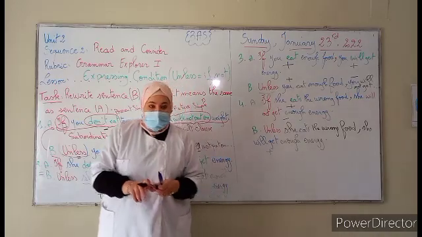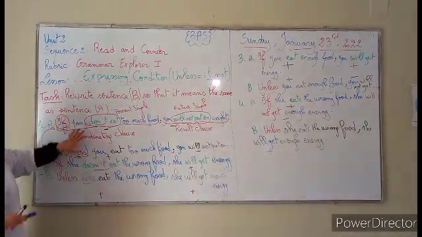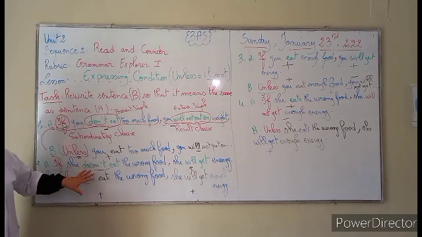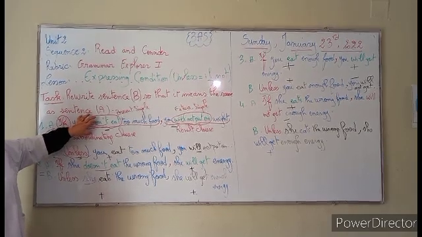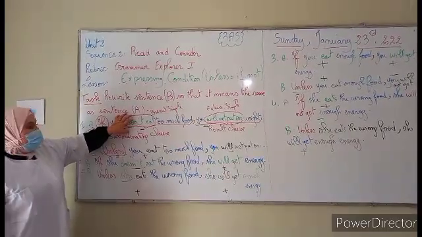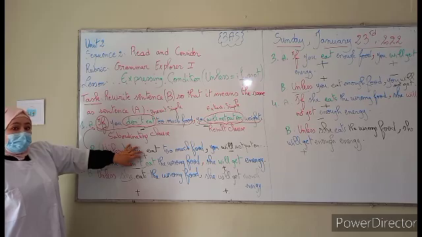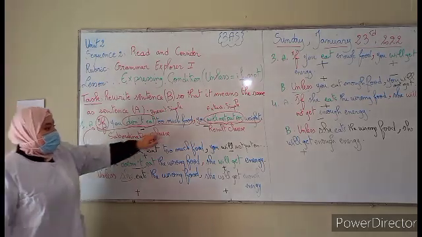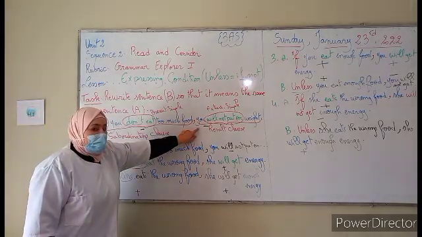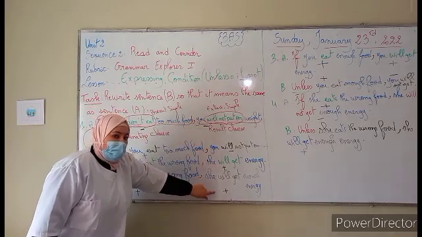I'm going to recapitulate for you. You have sentence 1 and sentence 2. Let's say the if clause is in negative form. That means we are going to transform it into affirmative with unless. And we keep the same result clause. If it is negative form, you keep it negative. If it is affirmative, you keep it affirmative.